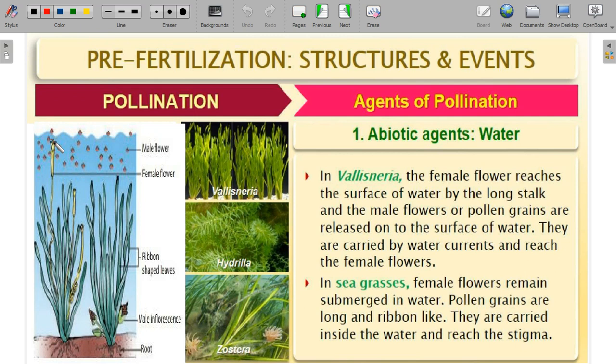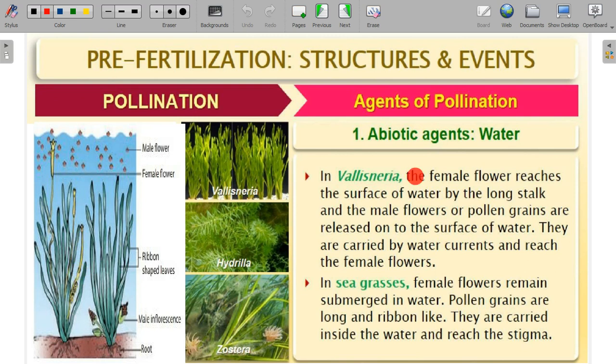After successful pollination, the stalk will become coiled. That means the female flower will be coming down. So this is a pollinated flower. This is not pollinated, and this is going towards pollination, and pollination is successful in these two cases. Here, after successful pollination, it is coming down.